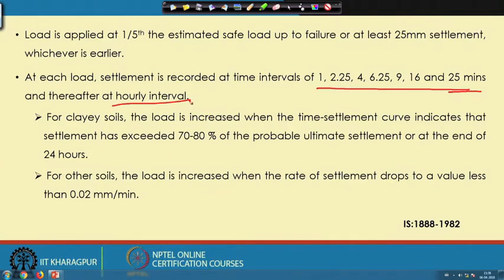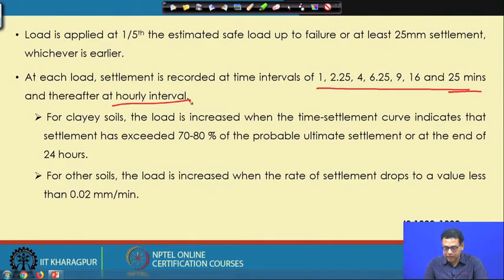And then for the clay soil, the load is increased, and the next increment is applied, when the time settlement curves indicate that settlement has exceeded 70 to 80% of the probable ultimate settlement, or at the end of 24 hours. So, what does it mean? It means that if the soil is sandy soil or granular soil, then all the settlements are immediate settlements.